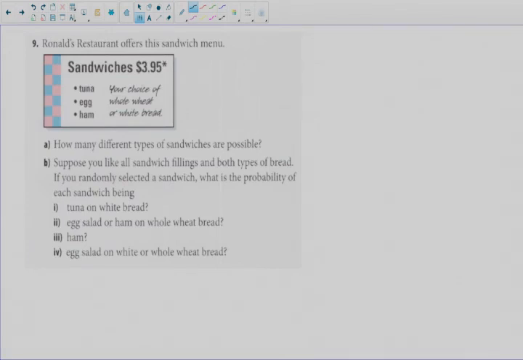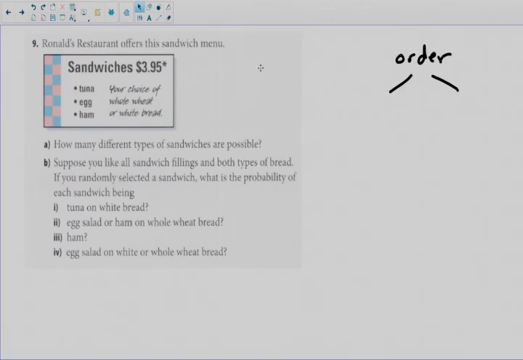So let's draw our event tree. Okay, so we have our order, and our order is either going to have white. Actually, that's the second option, so I'll put that in the second column.